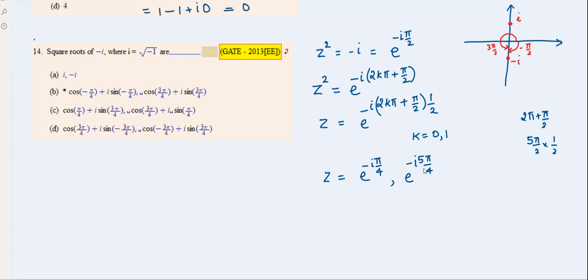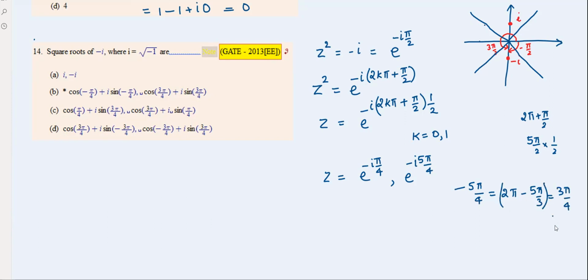Now minus 5 pi by 4 is the same as 3 pi by 4, because this is pi by 4, this is minus pi by 4, this is minus pi by 2, minus 3 pi by 4, minus pi. Minus 5 pi by 4, you add 2 pi to it, is 3 pi by 4.